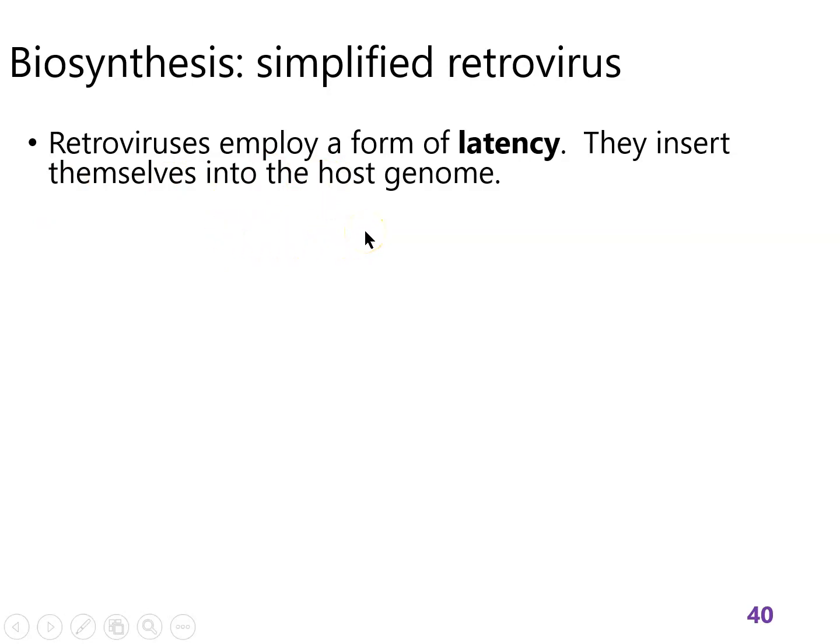Okay? And then the last one that I want to show you in terms of biosynthesis is a retrovirus. Retroviruses bring up a whole different idea, because they use a form of latency as an essential part of what they do. They want to insert themselves into the host genome. So why do they want to do that?